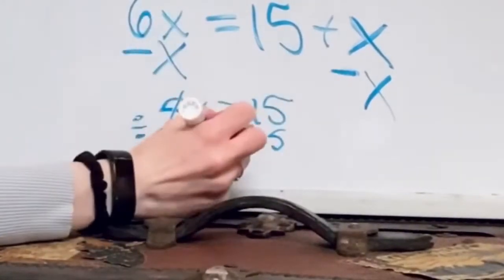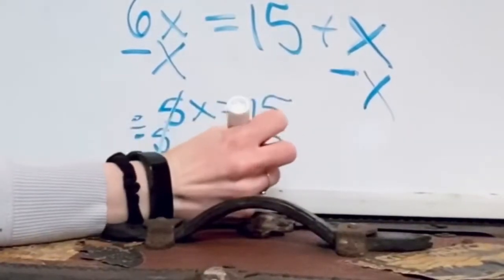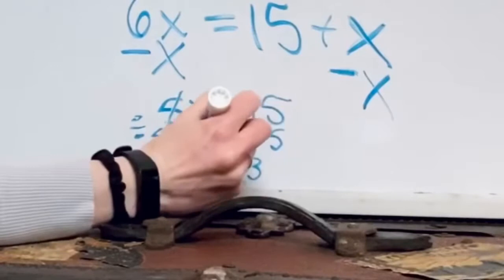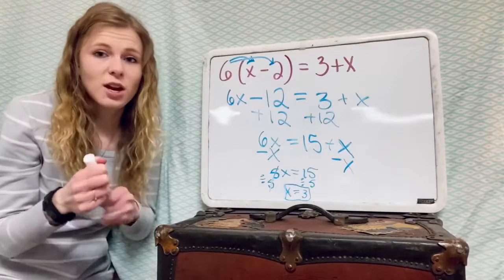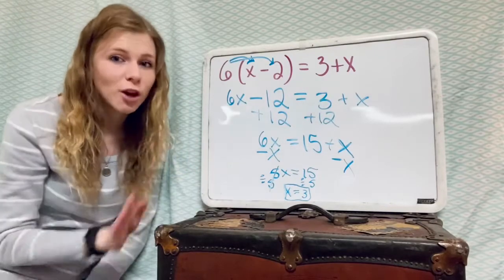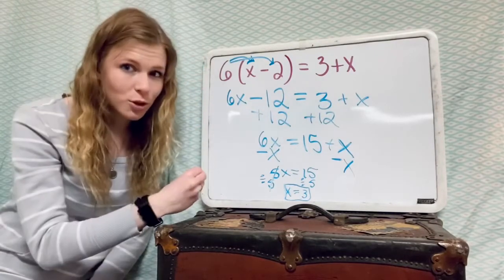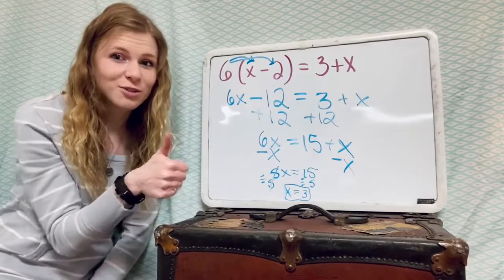Those 5's cancel, they leave x all by itself. 15 divided by 5 is 3. Sorry, my print's getting a little small down here. And in the end, you end up with x equals 3. You have a value equal to another value. Your variable's all alone. Variables on one side, numbers on the other side. You're all good to go.